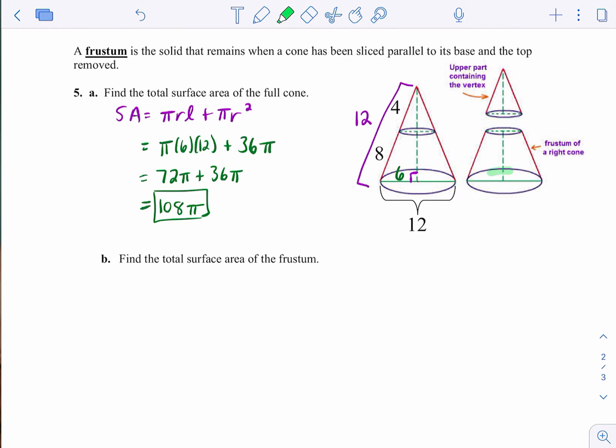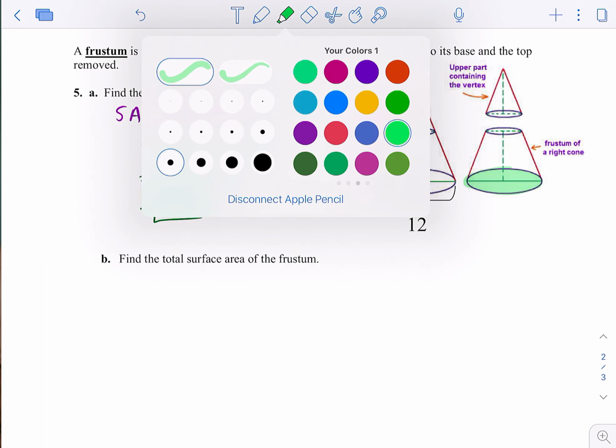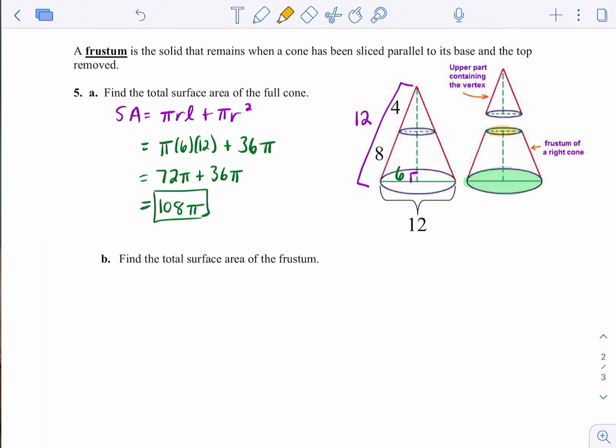So thinking about the pieces, it has one circle that will have the radius of the bottom cone. It has another circle whose radius will match the upper cone, the small cone. And then it's got the lateral area. It's kind of like wrapping around a trapezoid in a sense, making like a three-dimensional trapezoid prism figure. So making some sort of figure like that.